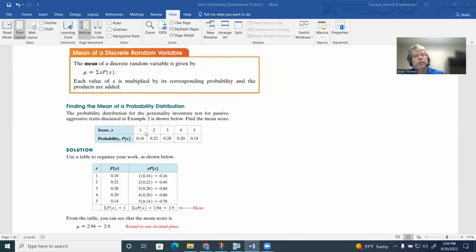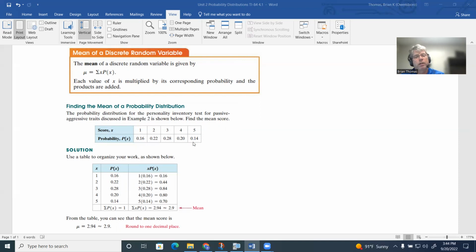Remember, we had these scores 1, 2, 3, 4, 5 on a survey. 1 indicates one extreme, 5 indicates the other extreme, and 3 is more in the middle, showing no passive or aggressive traits. Looking at the probabilities as percentages, 16% displayed 1, 22% was the 2, 28% was the 3, the 4 was 20%, and the 5 was 0.14.